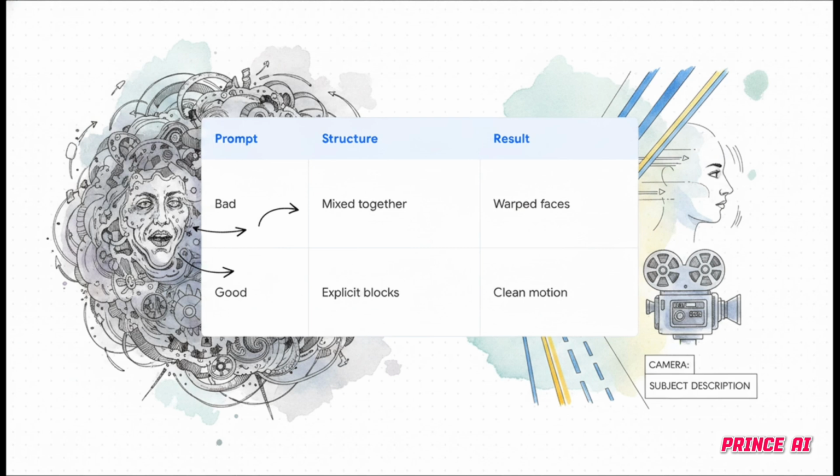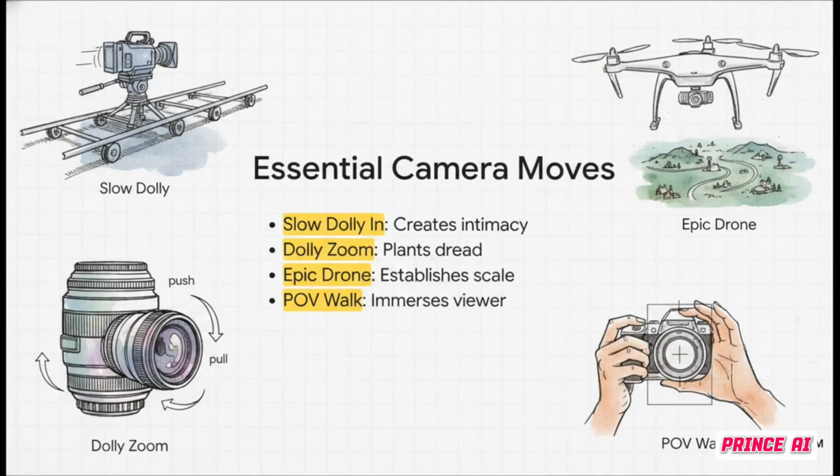A good prompt, however, acts like lane markers on a highway. You must strictly separate your physical subject description from your camera instructions. Using an explicit camera keyword stops the model from morphing faces because it clearly knows what part of the prompt is about the physical subject and what part is about moving the virtual camera through physical space. Think about your essential cinematic moves for a second. A slow dolly in creates quiet intimacy.